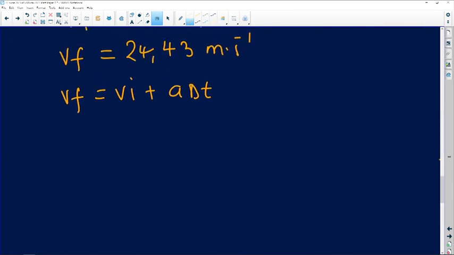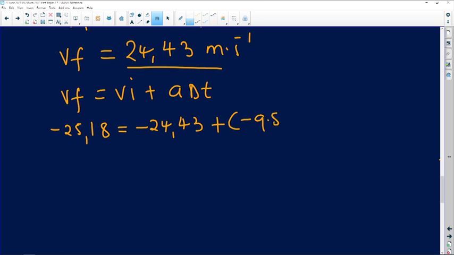Negative 25.18 equal to Vi, which is what we just found here, which is negative as well. So it will be negative 24.43 plus negative 9.8, and then changing time.